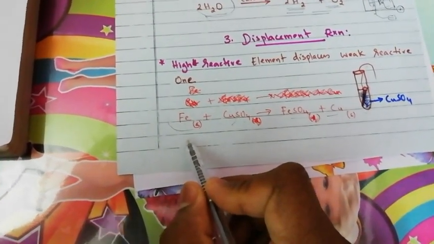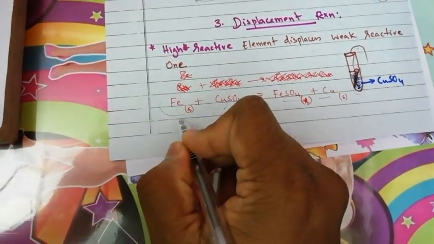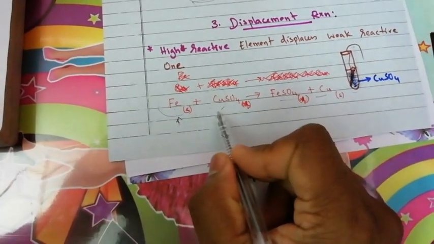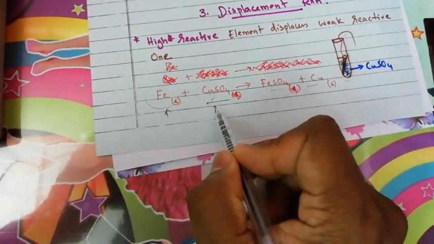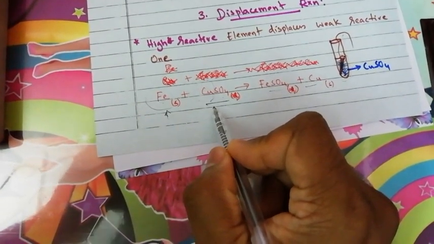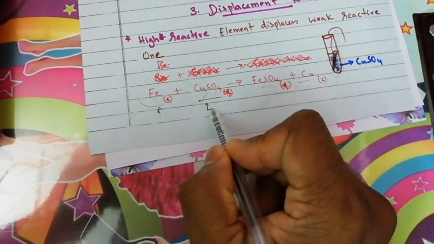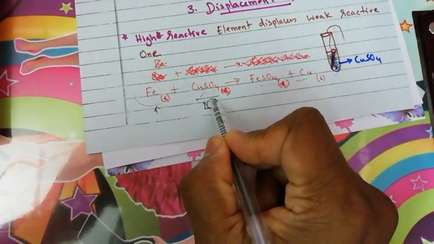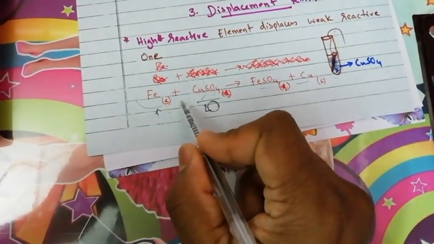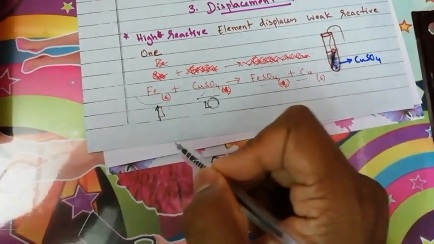Say a tall and healthy boy, we can name him iron, okay, and this copper sulfate, you think copper is a very lean boy. Now he is attached with sulfate. He has a good friend called sulfate. So the lean boy is now having a friendship with the sulfate. You think of that, this iron is a very fat boy, very healthy boy.